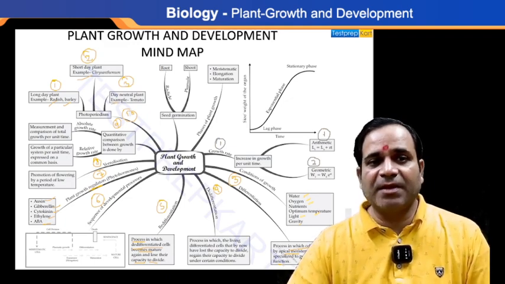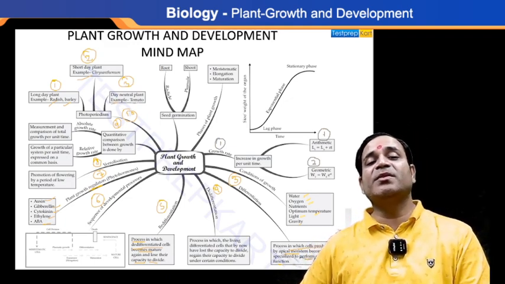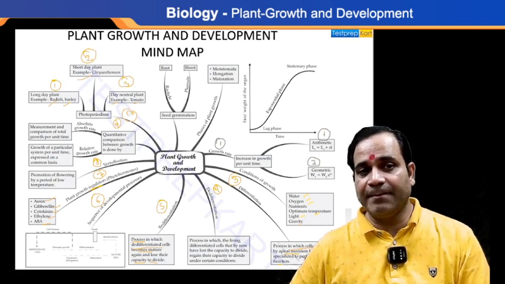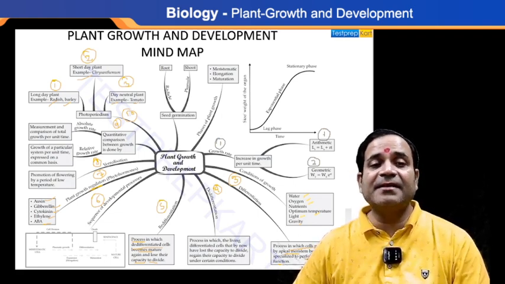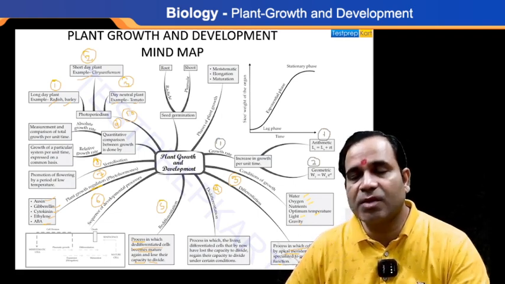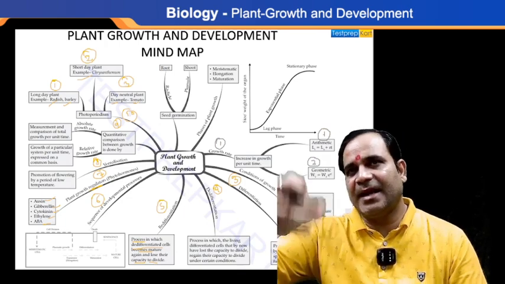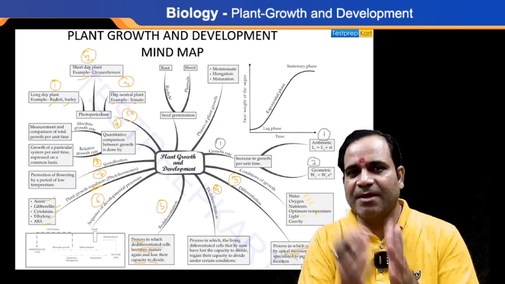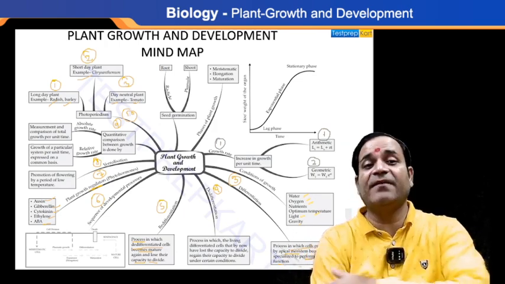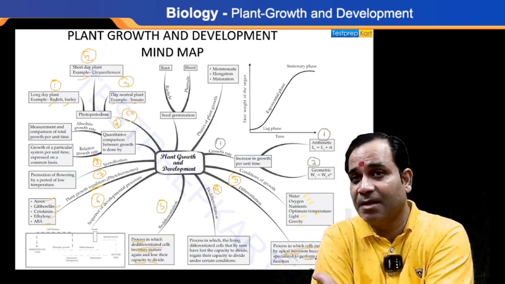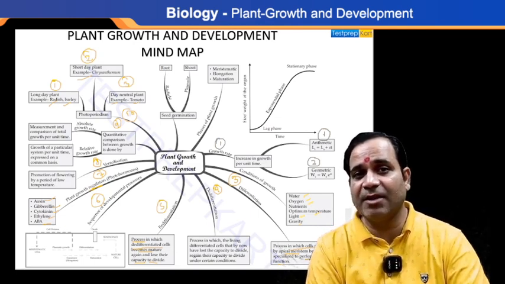Getting my point? So the example is tomato. Tomato is a day neutral plant. And chrysanthemum is a short day plant. Okay, the examples are very important to know, because once an example is given and other cases of photoperiodism are given, you have to match them. How do you match? Whenever you know this, then you match.